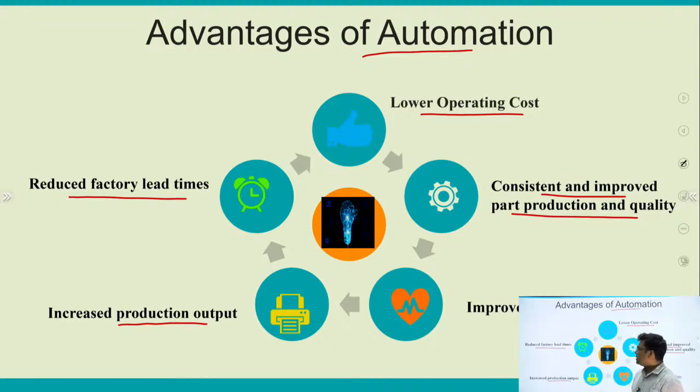This increases productivity, that is, production output will be high as compared to a conventional plant system, and most important, worker safety will be increased by using the automation system. So this is all about the automation system.